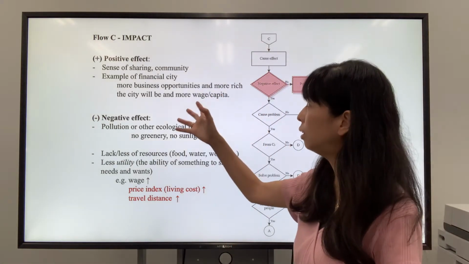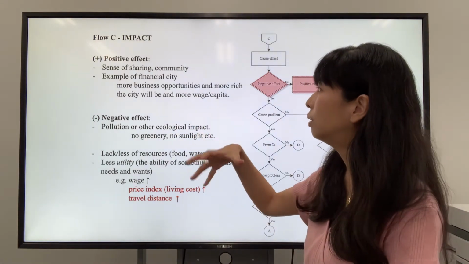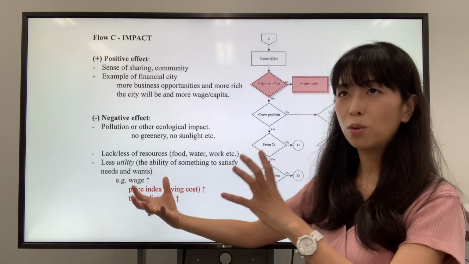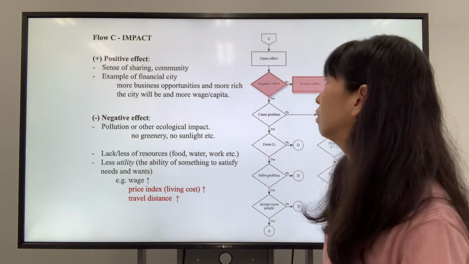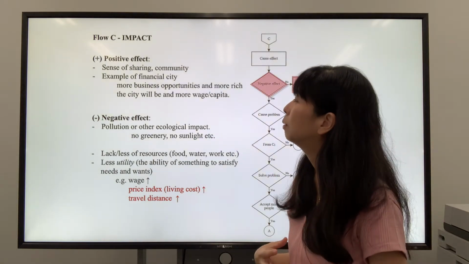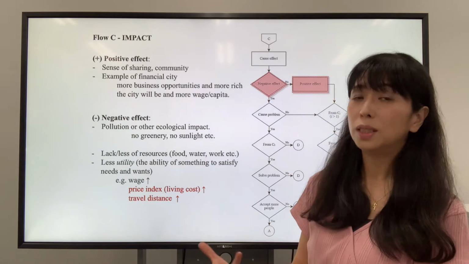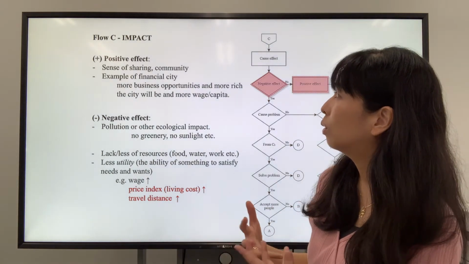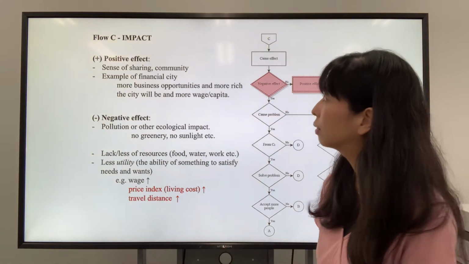The flow C, which is about the impact flow, is talking about this positive side and the negative side of people living together in a certain area. So the positive effect can be that you have a sense of sharing, so you are creating a community. This is also a very important social positive effect.